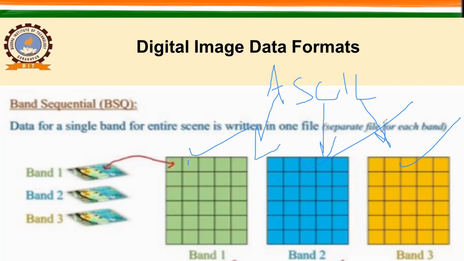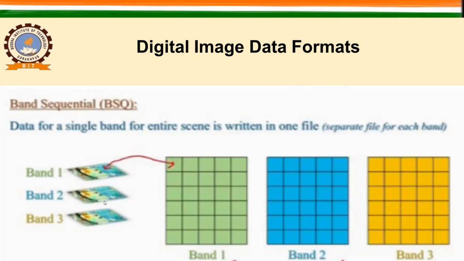So this is your band sequential format, meaning a separate file for each band, band 1, band 2, band 3. It is in matrix form and there we mention the digital numbers. This is the easiest one.